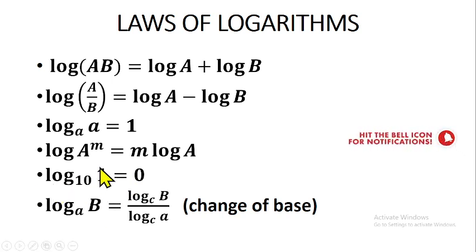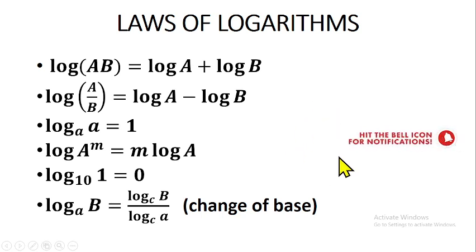So that means a logarithm of 1 base 10 is 0. A logarithm of 1 base 2 is 0. Logarithm of 1 base 1000 is 0. Logarithm of 1 base 5 is 0.